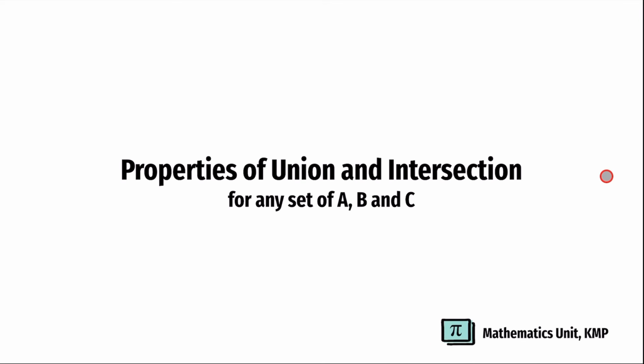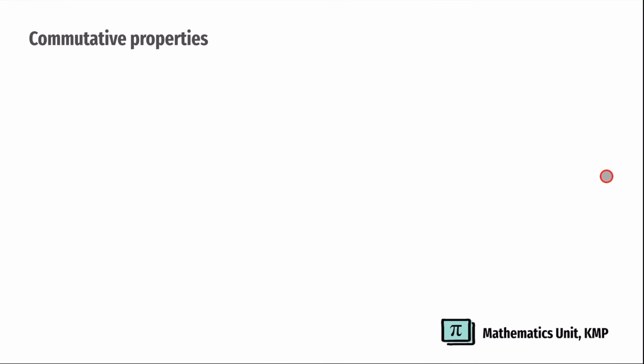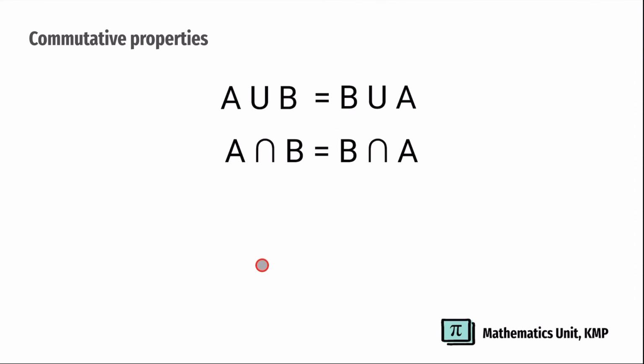Properties of union and intersection for any sets of A, B, and C. The first property is commutative properties. If we have A union B, it is equals to B union A. So does if we have the operation of intersection. The second property is associative properties.